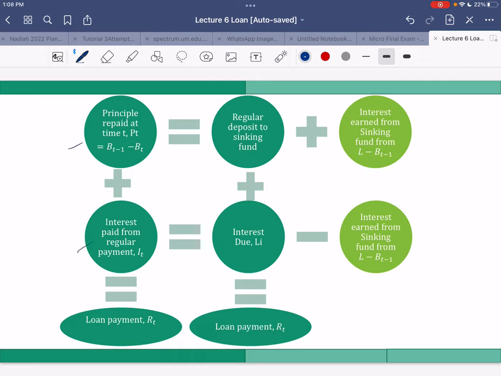This one is a familiar relationship that we saw before, which is R_t equals I_t plus P_t. P_t is the principal repaid at time t, I_t is the interest paid from the regular payment, and R_t is the loan payment, the regular payment.